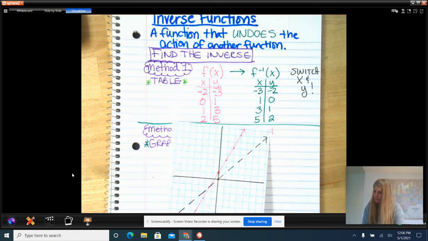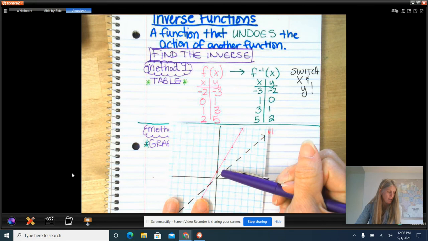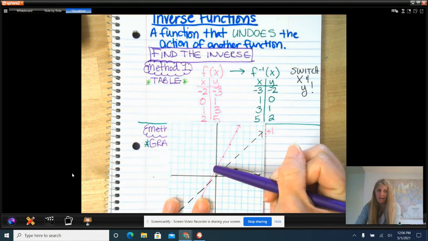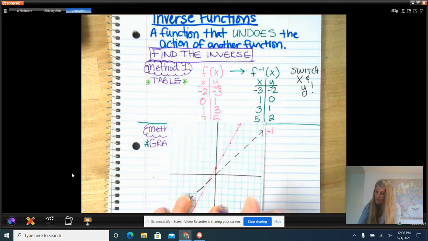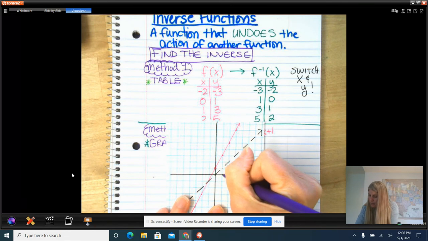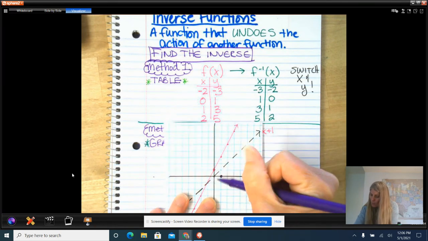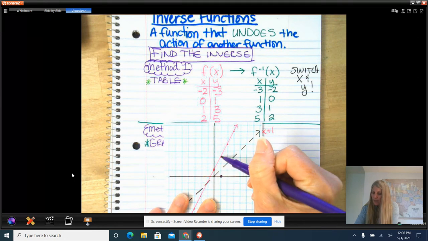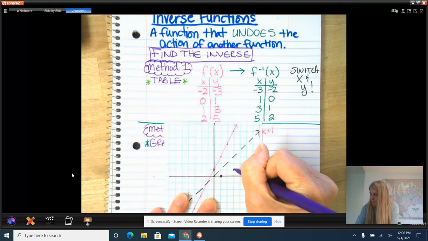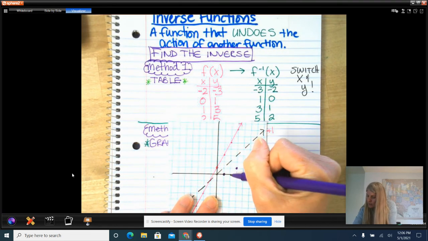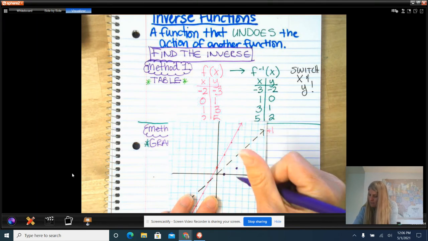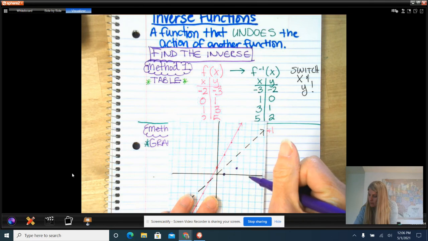So for example, when I see this point right here, the point 0, 1, then I'm going to reflect it across, and that's going to be the point 1, 0. The point 1, 3 becomes the point 3, 1. The point 2, 5 becomes 5, 2.